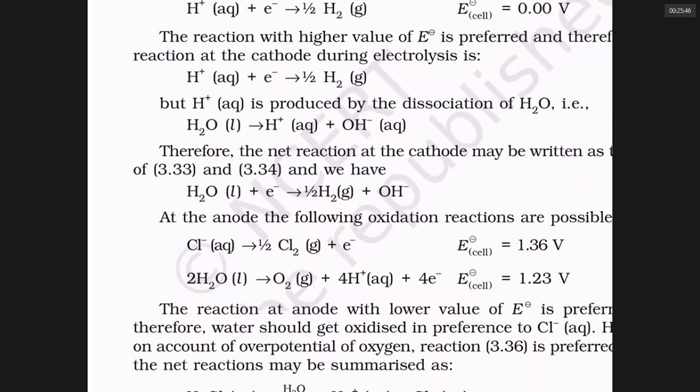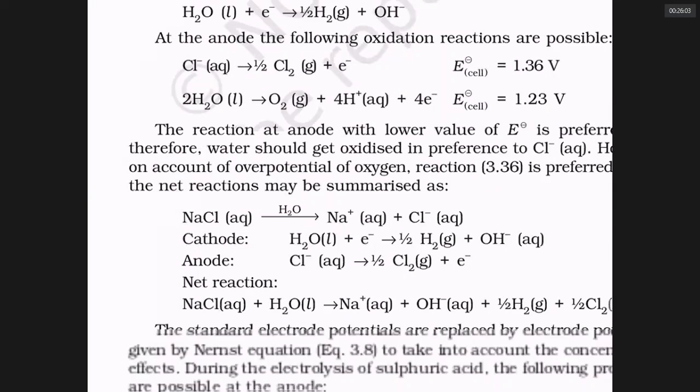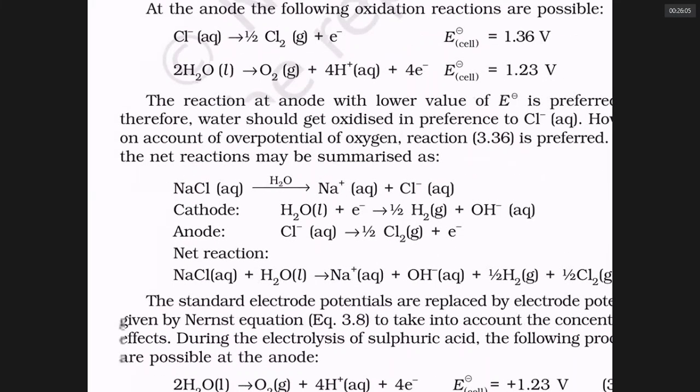It is called oxygen overvoltage. Due to this problem of oxygen overvoltage, though the water reduction potential is relatively less, water is not oxidized. It is the chloride ion that is oxidized. Here the problem is called oxygen overvoltage.